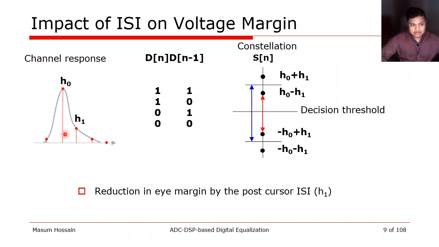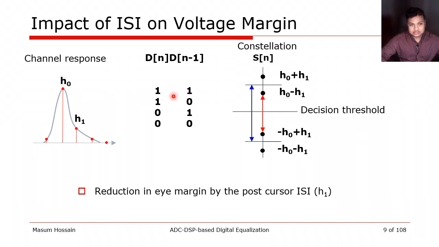Here the current symbol's response is represented with H0 and its residue is represented with H1, which happens to be the first post cursor. So at any received sample, I will see the combination of my current transmitted bit and also the previous transmitted bit.